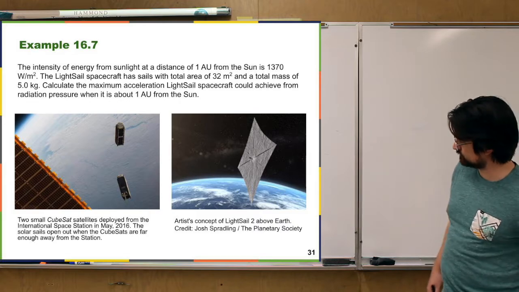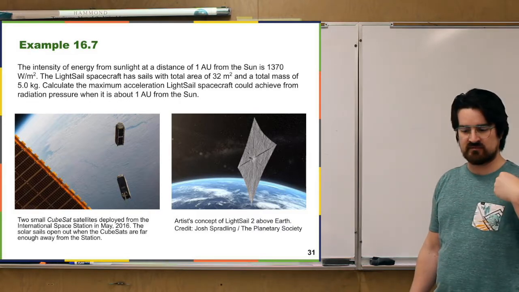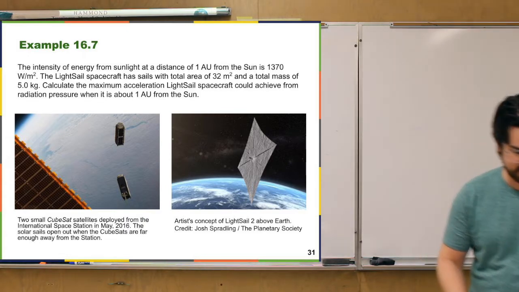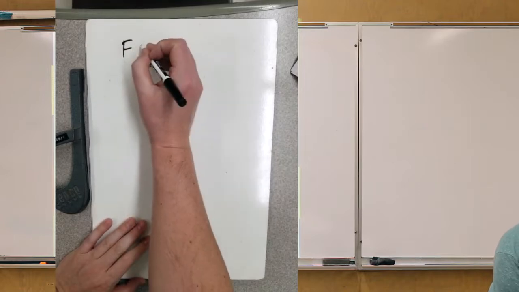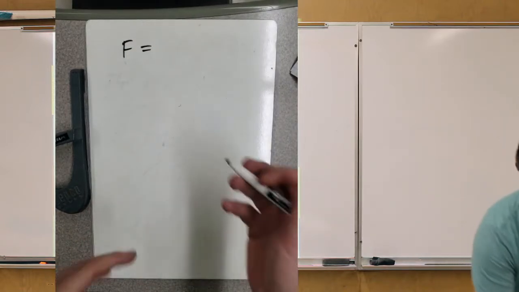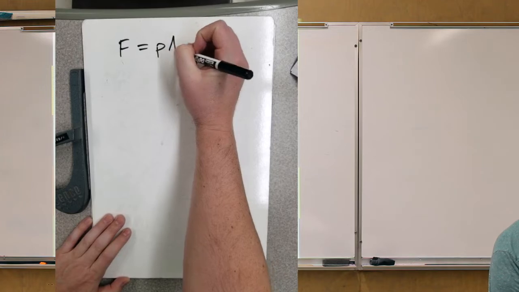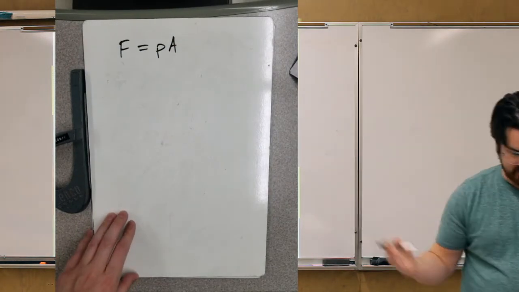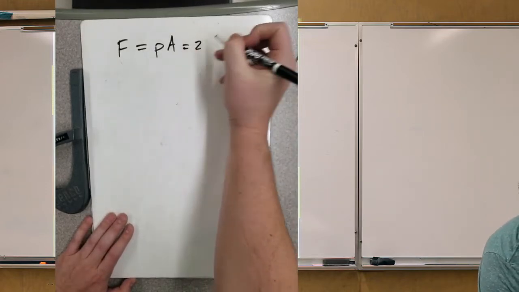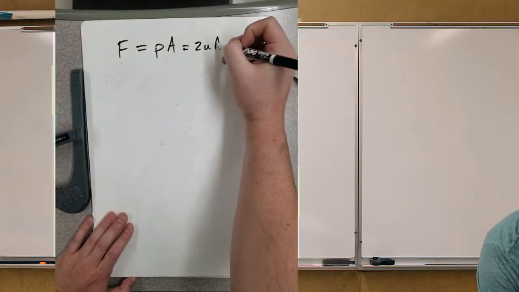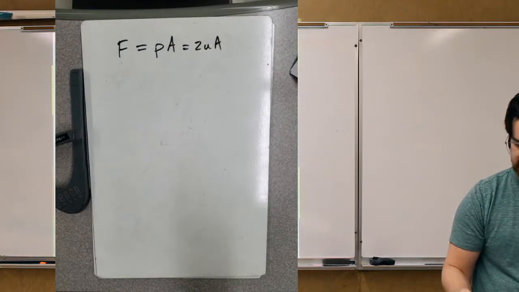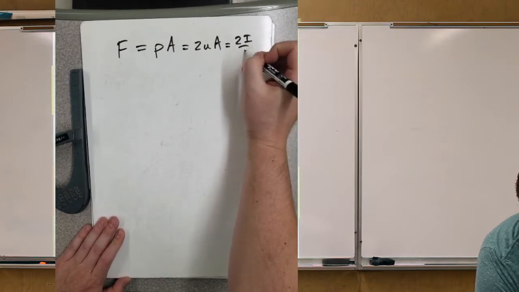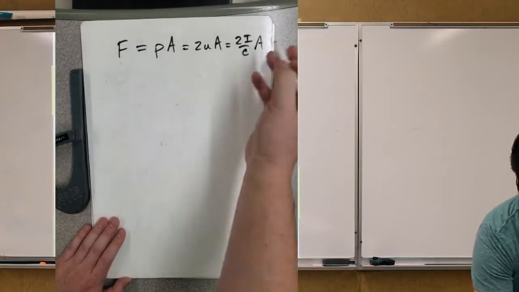Okay, well, if we want to know how much it's going to accelerate, we're going to figure out the force that's being applied first from that pressure. Pressure is equal to force over area, so the force we're going to get is the pressure multiplied by the area. And since these are reflectors, that pressure is going to be twice the energy density of the waves that are hitting, which finally is twice the intensity of the light divided by the speed of light, multiplied by that area still.